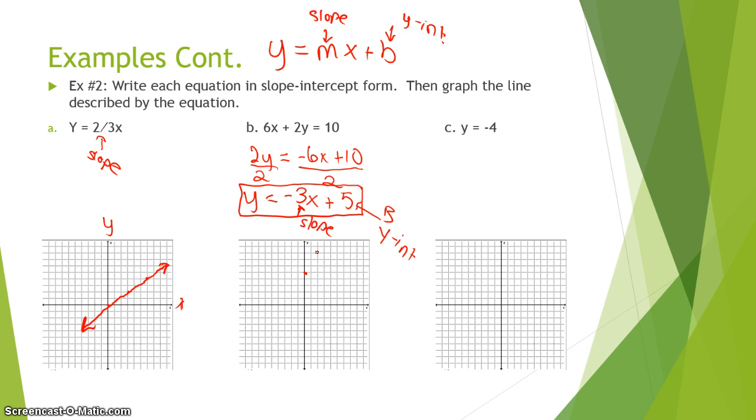From my starting point, from my b, my y-intercept, I now can put additional points based on my slope. So notice my slope is negative 3, so we can think of this as negative 3 over 1.